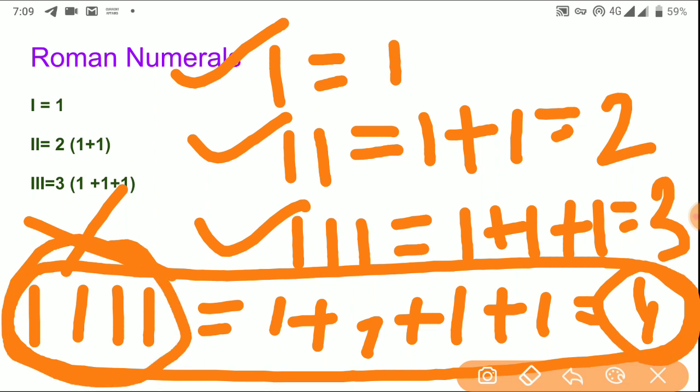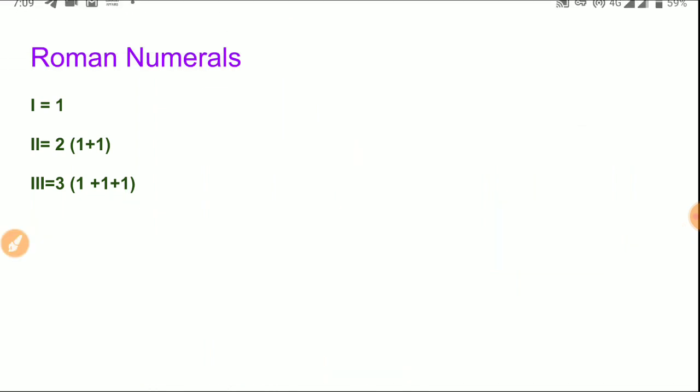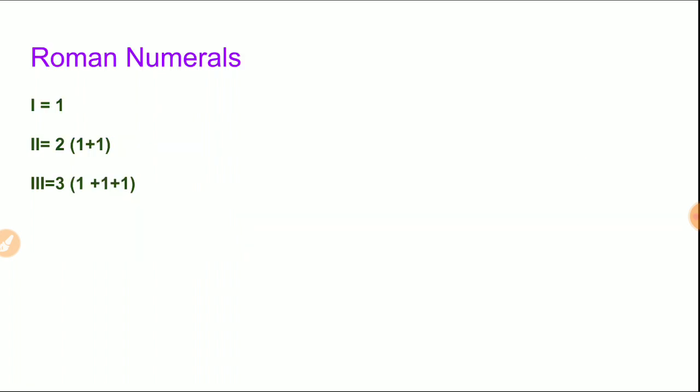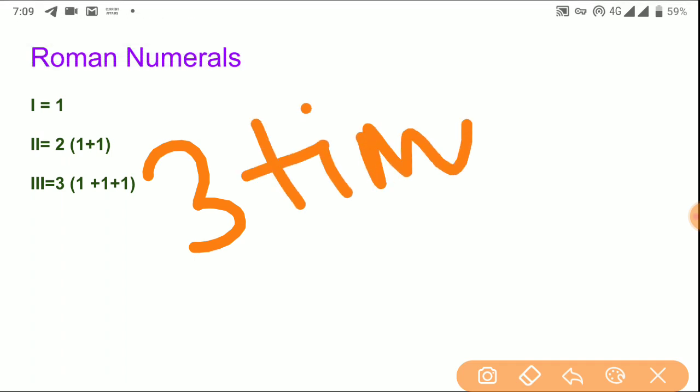But why is writing IIII wrong? Because there is a note with the rule of repetition. That note is that Roman numerals can be repeated only 3 times. It can be repeated 3 times only.